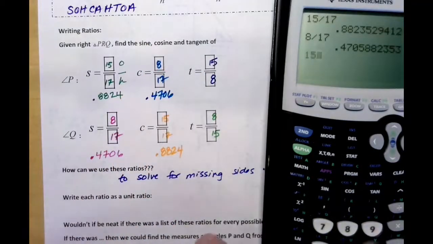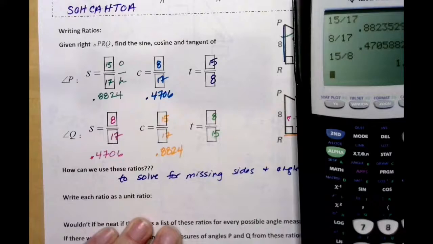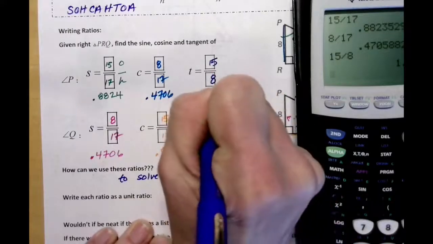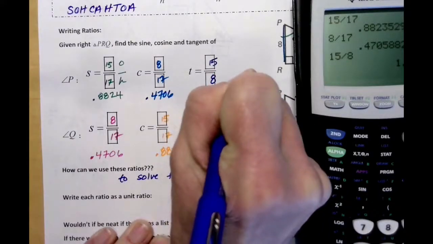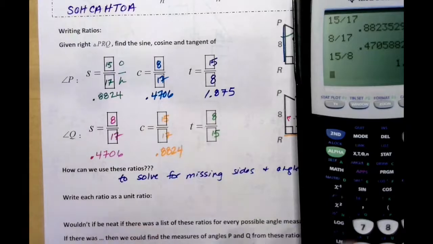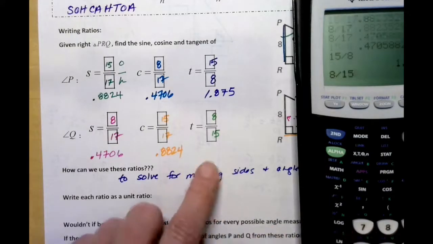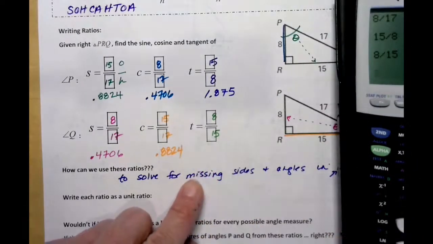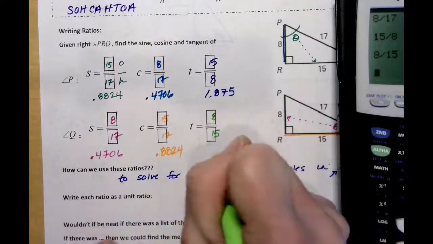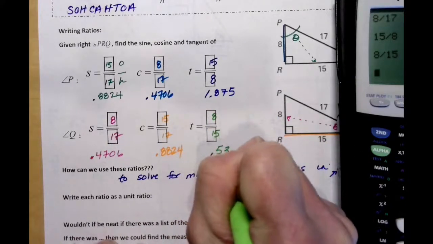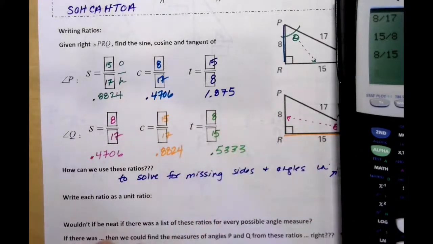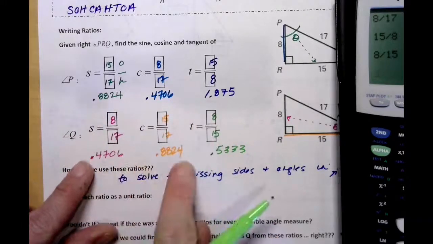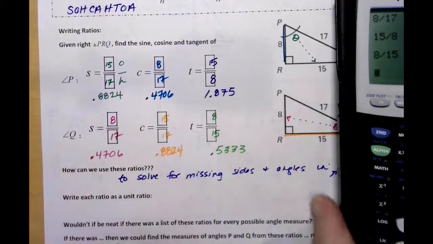Our tangent of angle P is going to be 15 divided by 8, so that's going to be 1.875. And 8 divided by 15 is going to give me this decimal value, 0.5333. So these end up being our unit ratios.